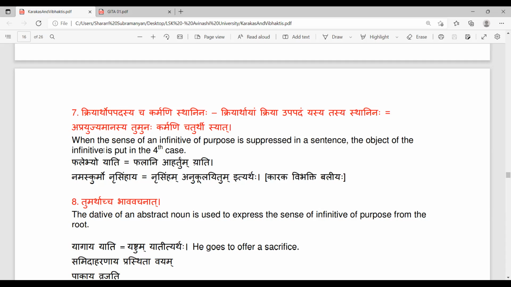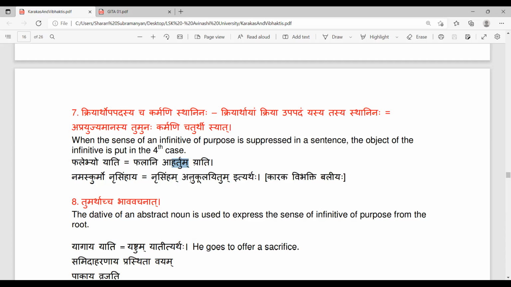So what is infinitive? In English, it means to go, to do, to walk. In Sanskrit, the infinitive is achieved by adding the tuman pratyaya: kartum, patitum, gantum, etc. So, palebhyaha yati: he goes for the fruits, palani ahartum, to pluck the fruits.